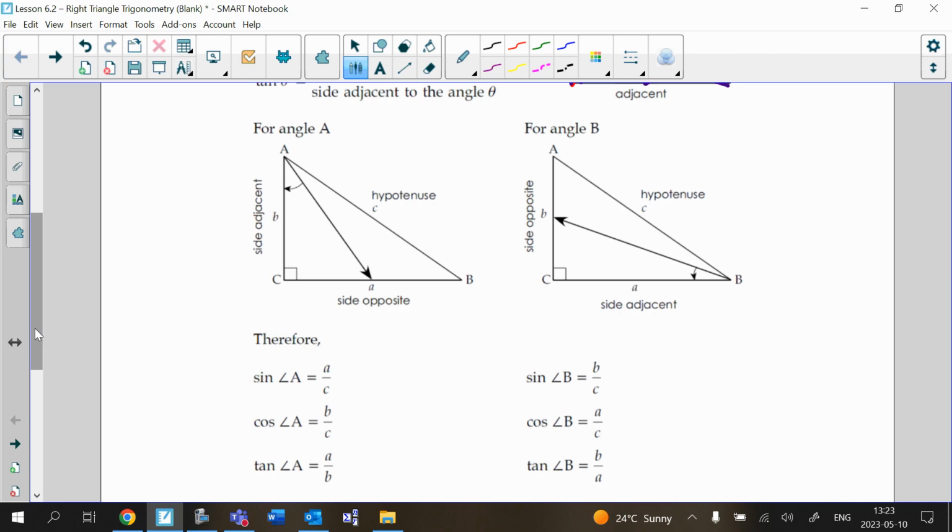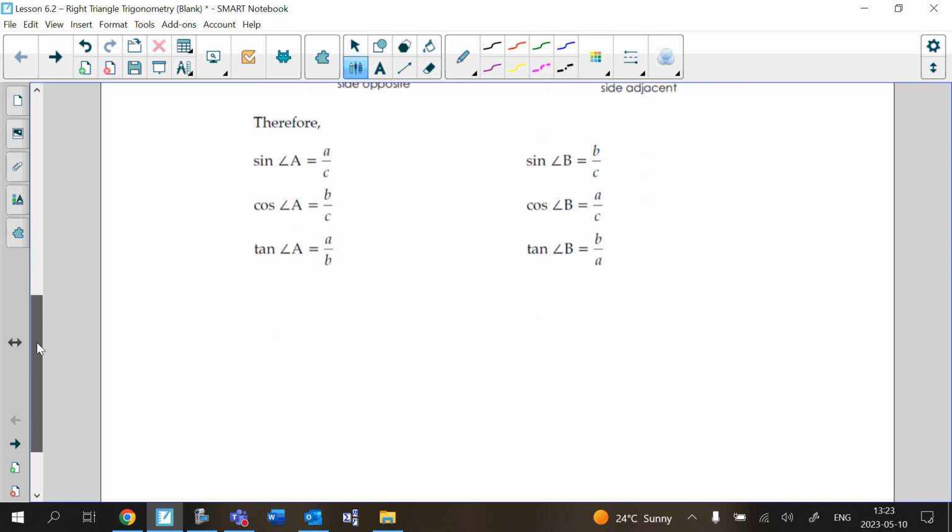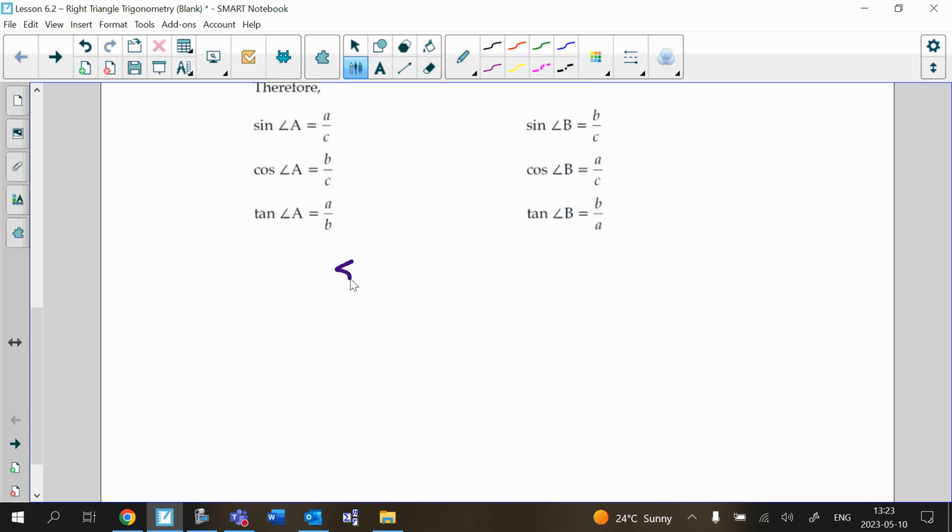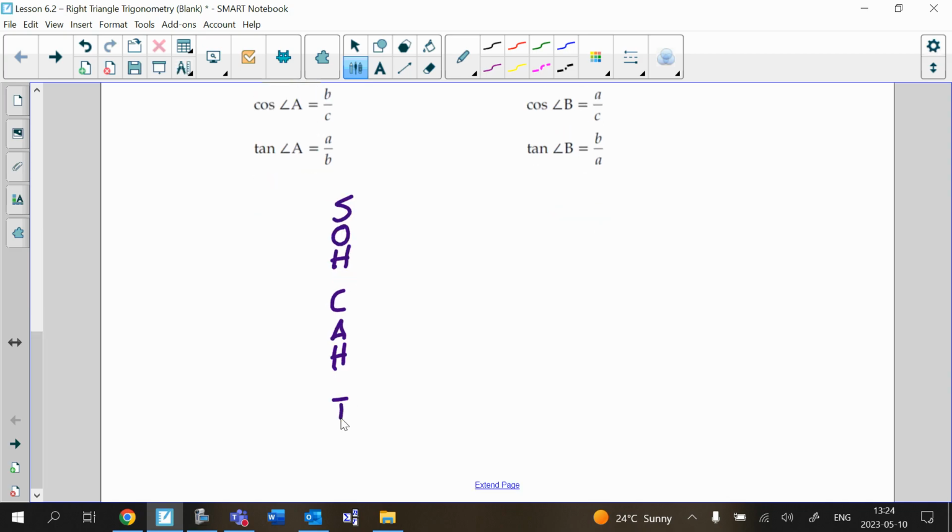How do you remember those? You guys should know, remember this. SOHCAHTOA. That's how we remember the names and the sides. So sine is opposite over hypotenuse. Cosine is adjacent over hypotenuse.